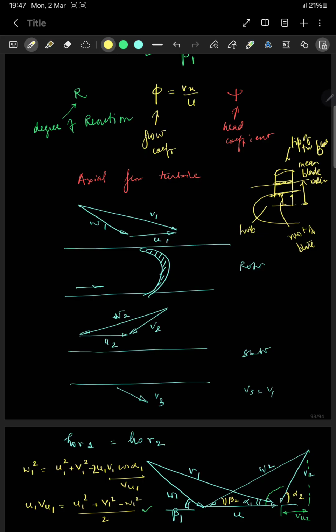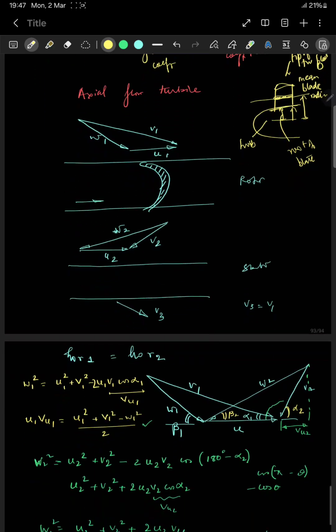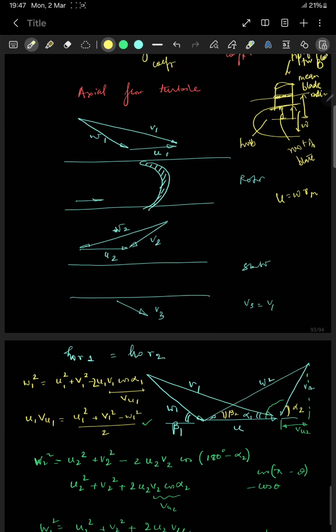This is also known as the hub radius. Since we are taking at this radius, and if this rotates at omega, u is equal to omega into r mean. So u is the same at the entry and the exit.